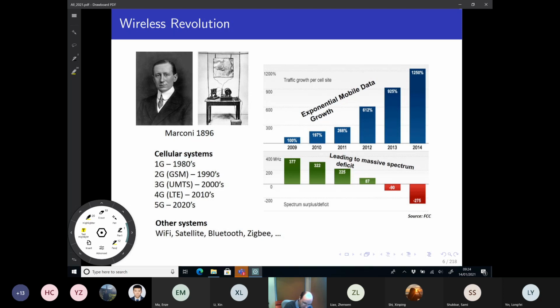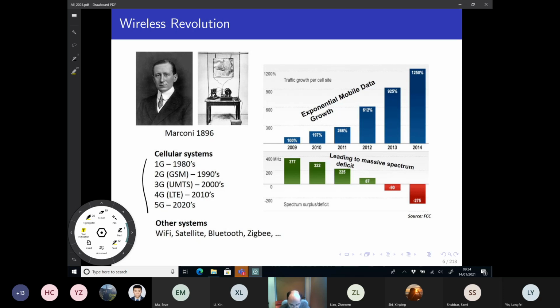Roughly every 10 years you have a new generation of mobile systems, and that means every 10 years quite different technologies are used to design those systems.